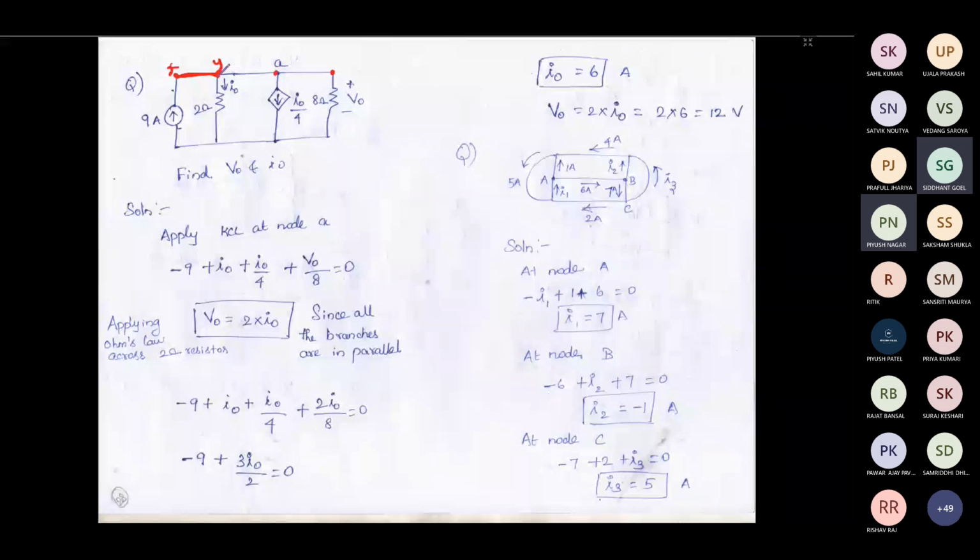Similarly, there is no element connected between any of these connections, so you can consider all of these as a single node. Instead of drawing like this, you can also draw in this fashion. I'm not drawing the elements, I'm just drawing like this.